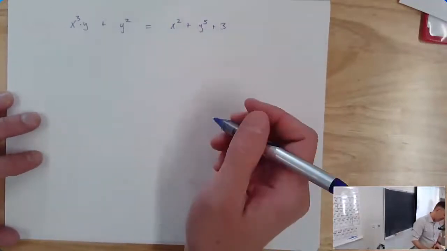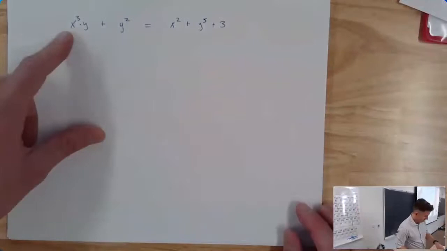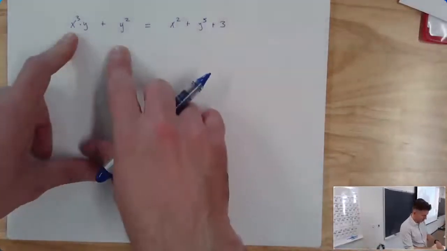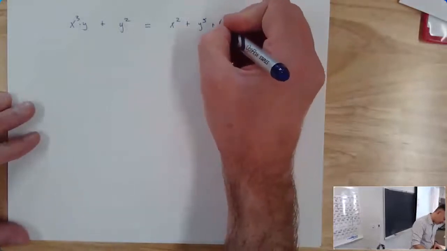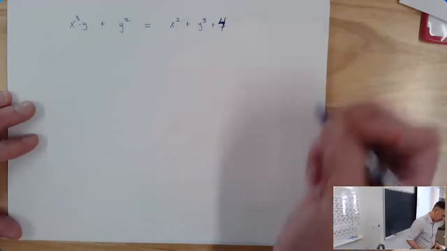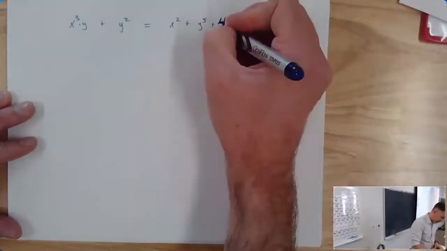Sure, that should be fine. 9, let me just check my numbers, 9, 4, 5, oh, that's it. That should be a 4, sorry. Again, it doesn't matter a lot, but I want to be precise. So there we go. That's a 4. And it doesn't look like a 4, but it is.